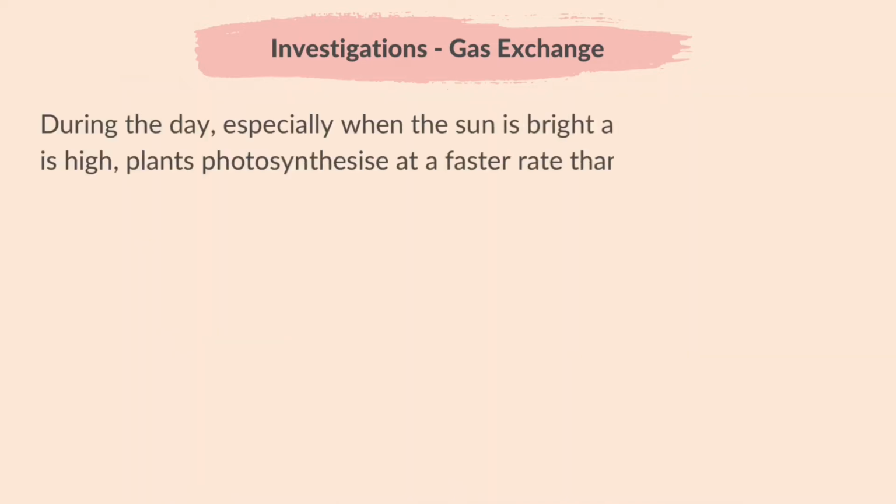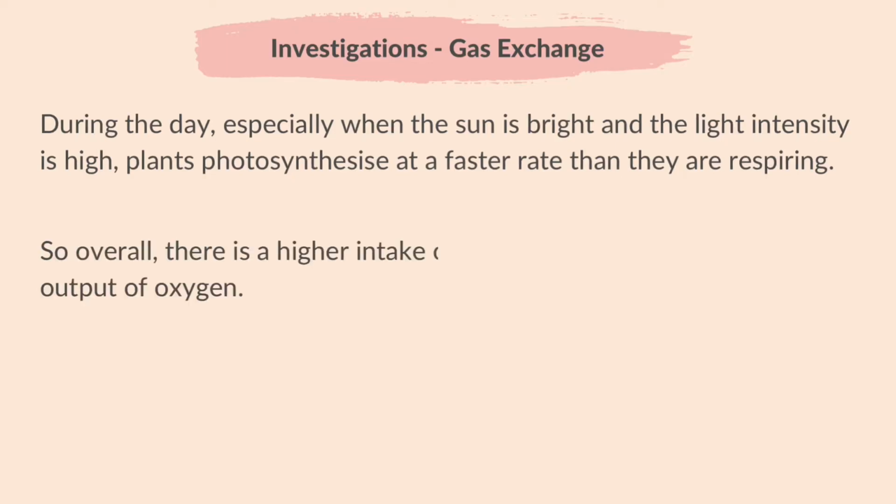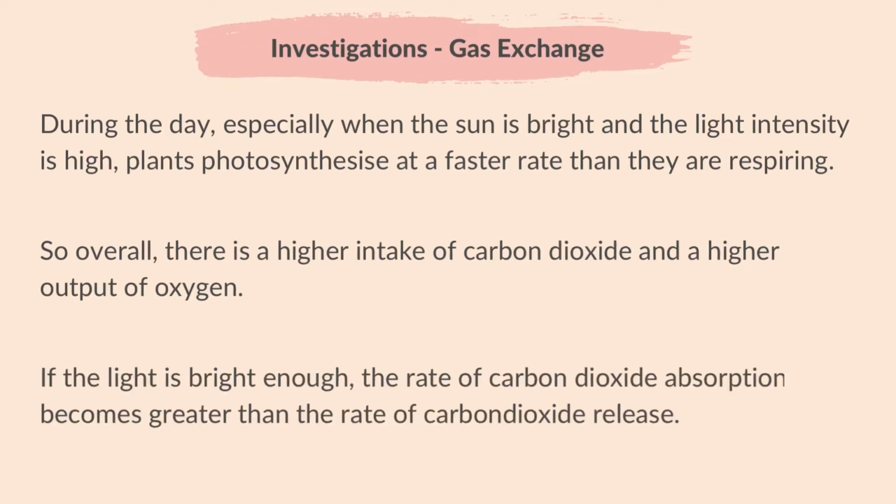During the day, especially when the sun is bright and the light intensity is high, plants photosynthesize at a faster rate than they are respiring. So overall, there is a higher intake of carbon dioxide and a higher output of oxygen. If the light is bright enough, the rate of carbon dioxide absorption becomes greater than the rate of carbon dioxide release.